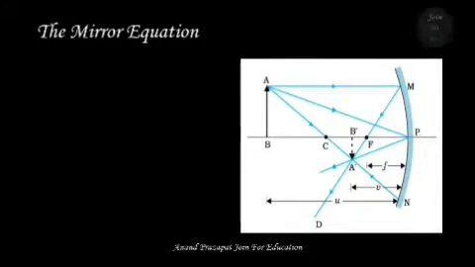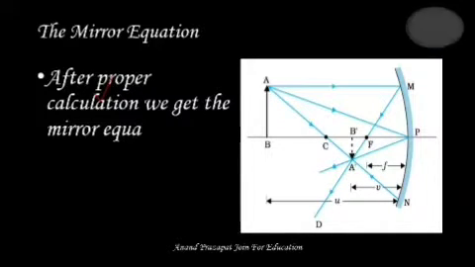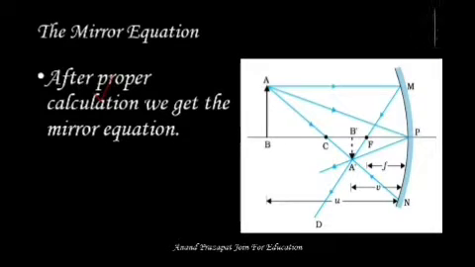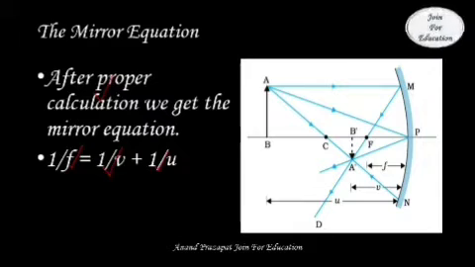After proper calculation using the similar triangles ABC, A'B'C, and MPF, A'B'F, we get the mirror equation: 1 by f equals 1 by v plus 1 by u. This is also known as the mirror formula.